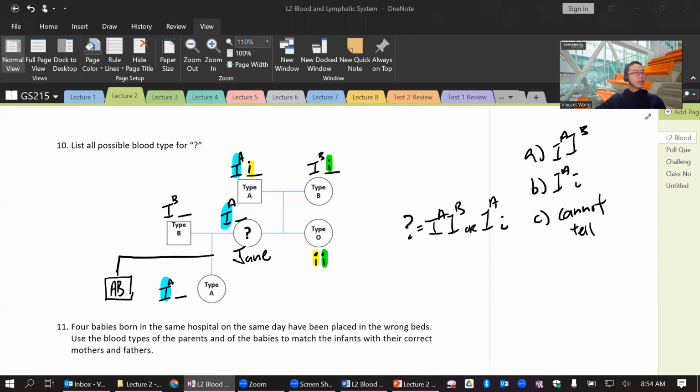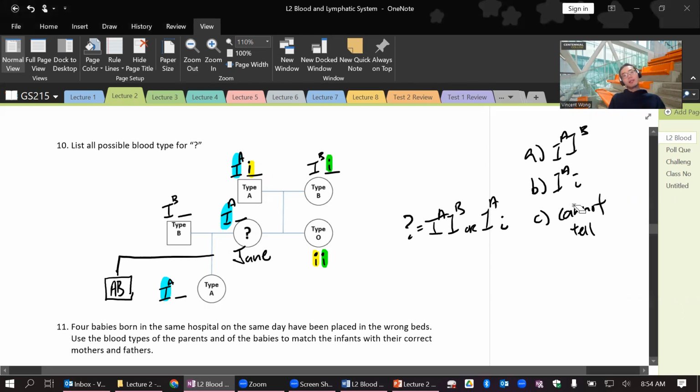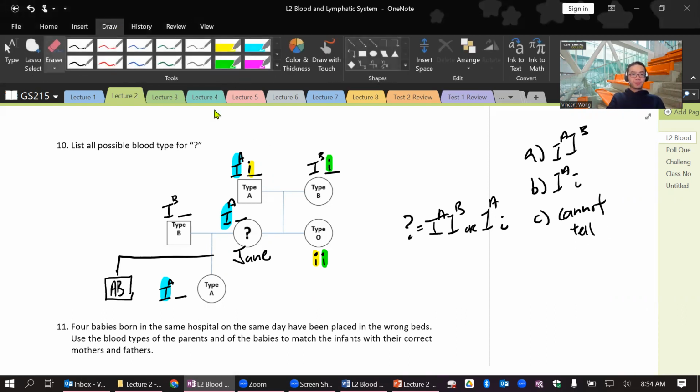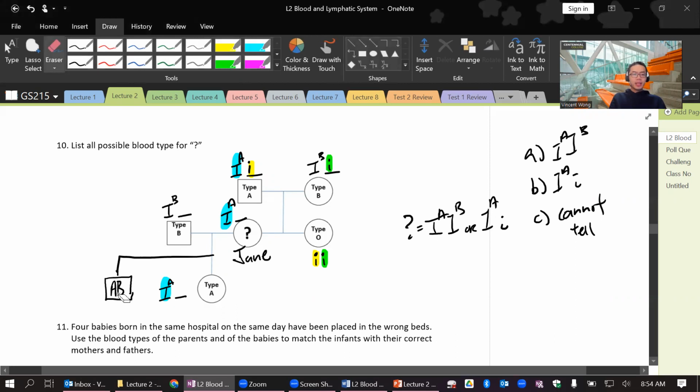Okay, thank you to those who have participated. Yeah, it's kind of all over the place, right? We have people choosing each of these choices. The correct answer is we still can't tell, and this is the reason. If the boy is IAIB, the A could have come from Jane, and the B could have come from Dad, right?